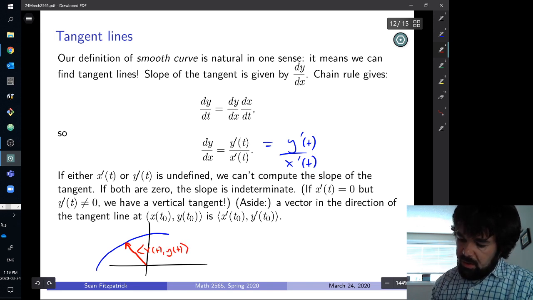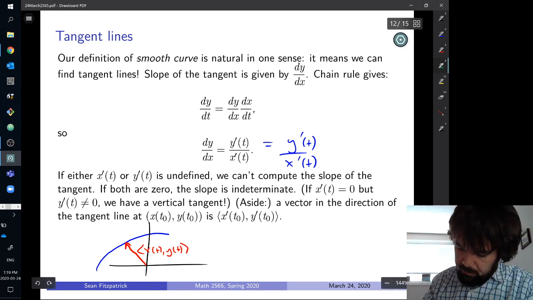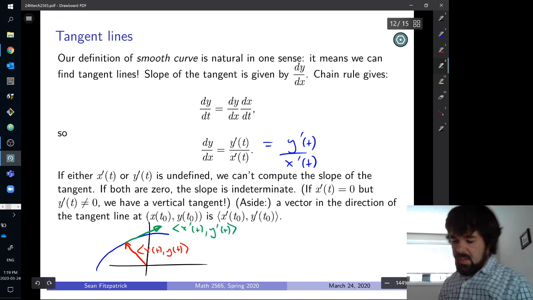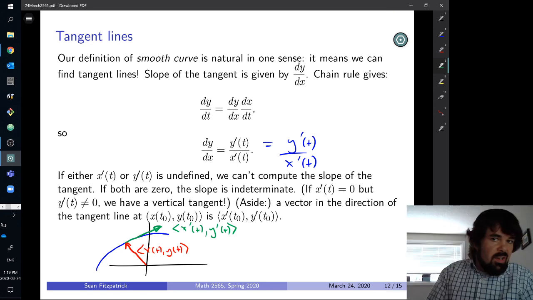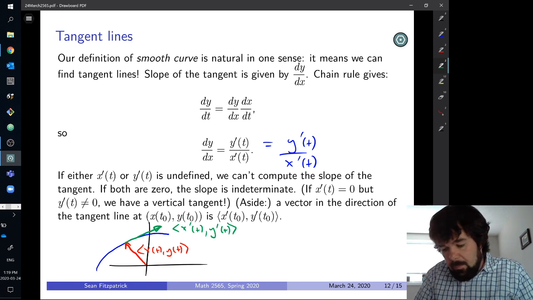And you calculate the derivative, you calculate x prime, y prime. And that actually gives you a tangent vector, x prime of t, y prime of t. And in some ways, this is a much more natural way to think about it. It's just that at this point in the textbook, we don't assume that people have seen vectors before.